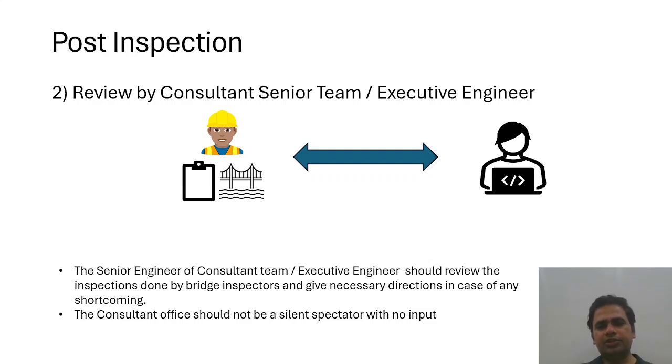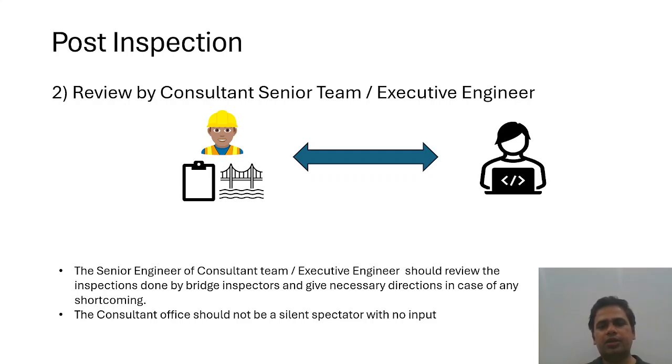The real purpose of this step is that the inspection should be continuously monitored by a senior engineer, and he should have a final look before this inspection record is sent to the RAMs, and any necessary corrections are made before being sent.